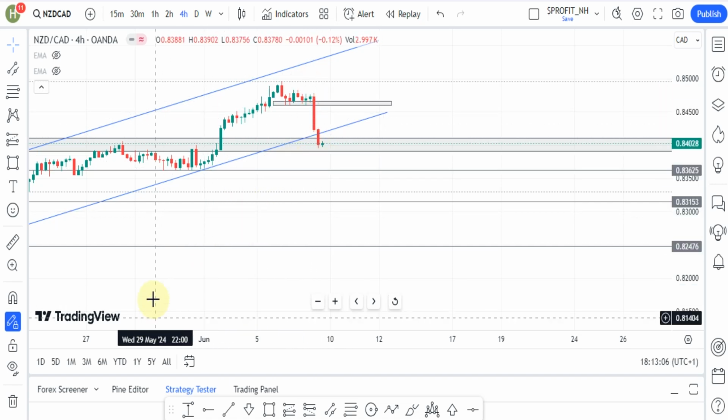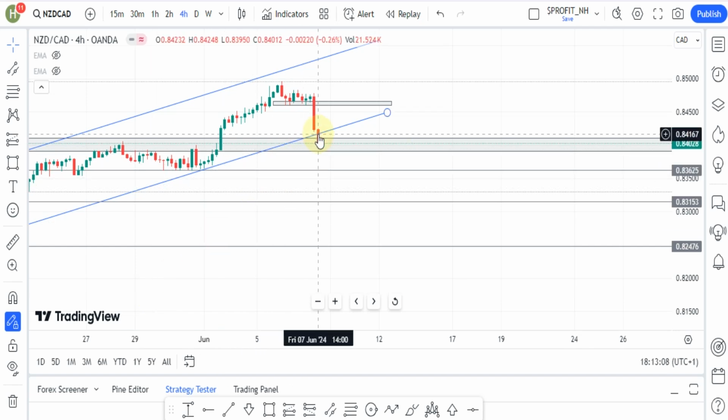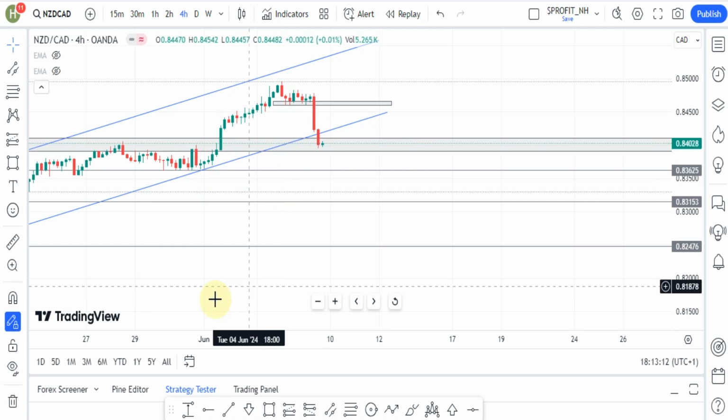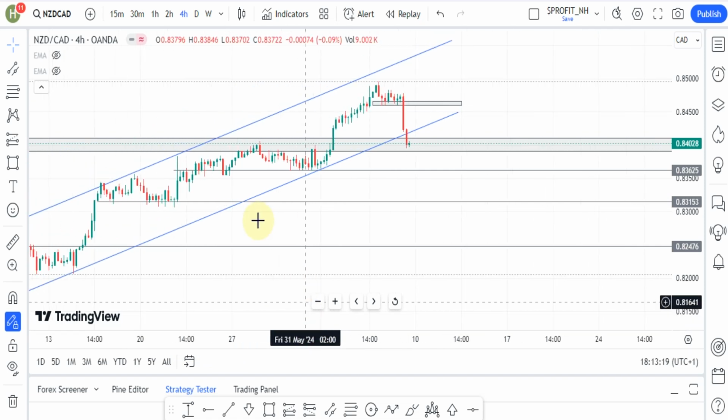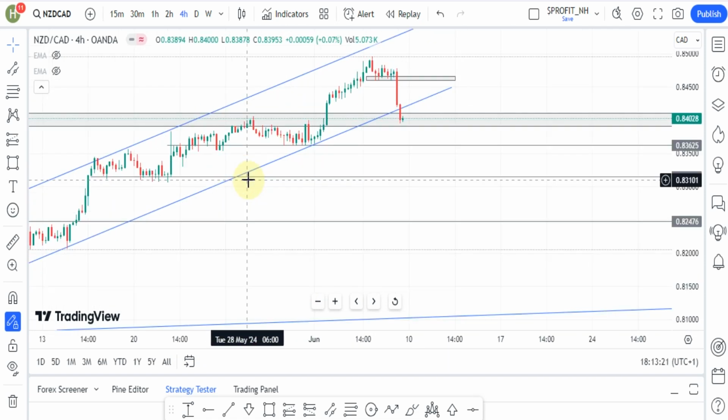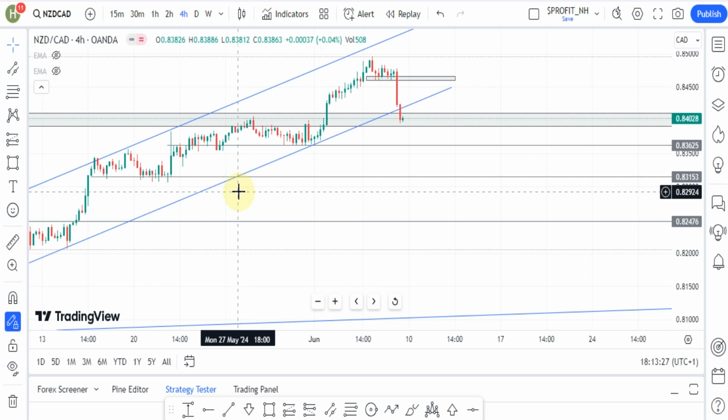Then we broke below this correction, this upward channel that we had at this point, giving us this bearish structure, whereby maybe this market has now reversed to the downside, and there's a possibility it might continue pushing to the downside.